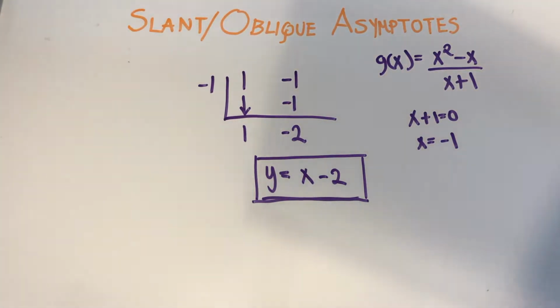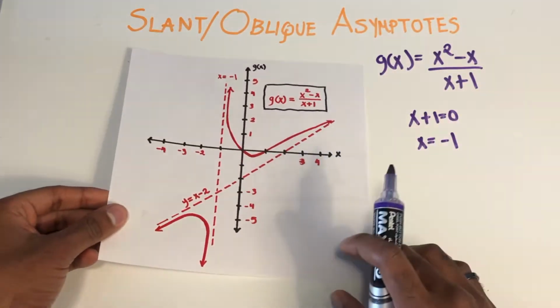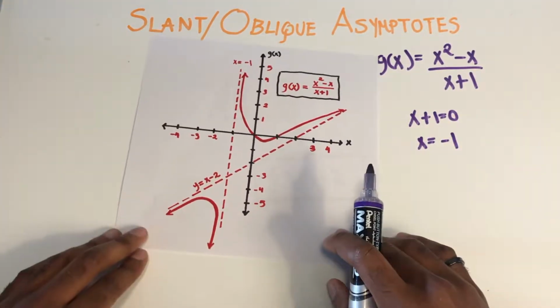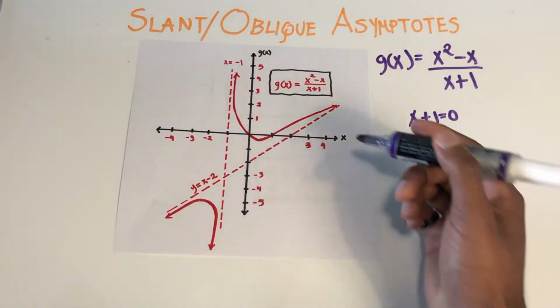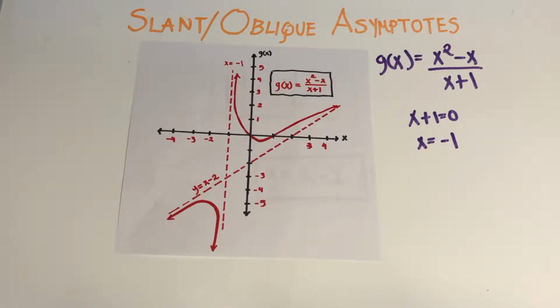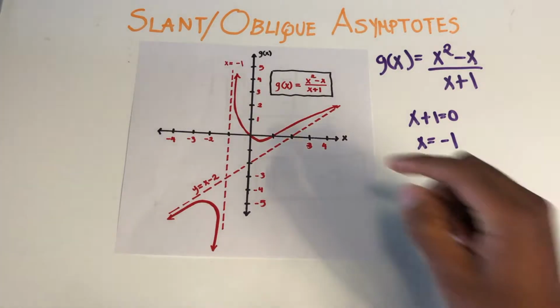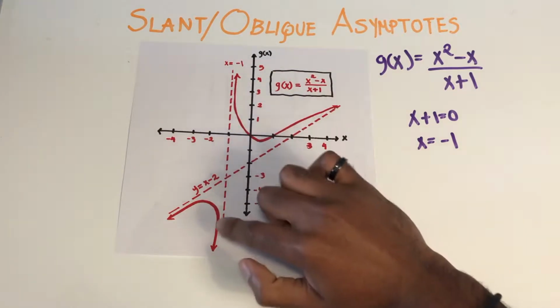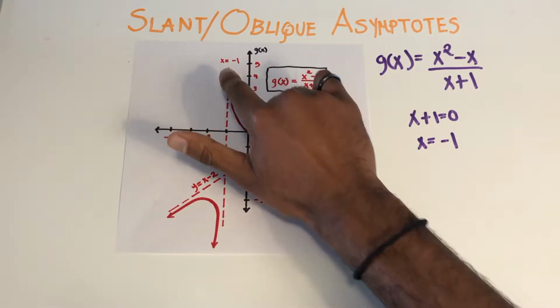As you can see here, I already went ahead and graphed this function. We have g of x is equal to x squared minus x over x plus 1. We have a vertical asymptote at x equals negative 1.